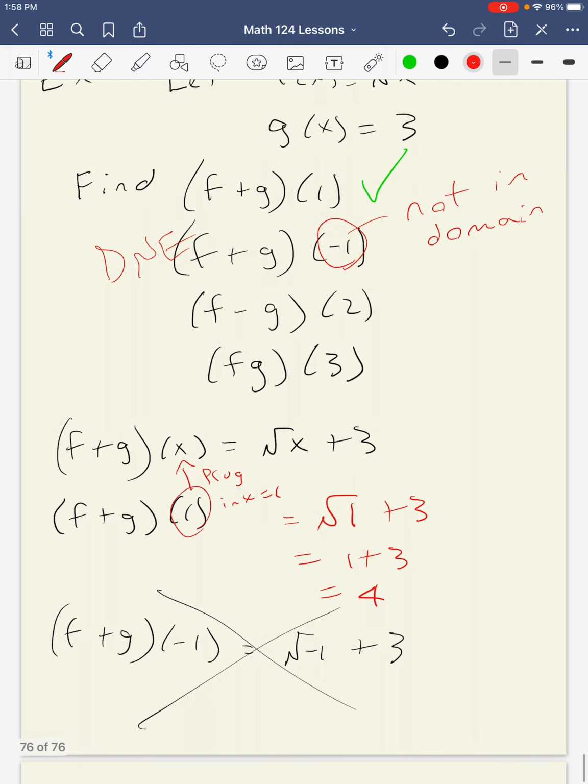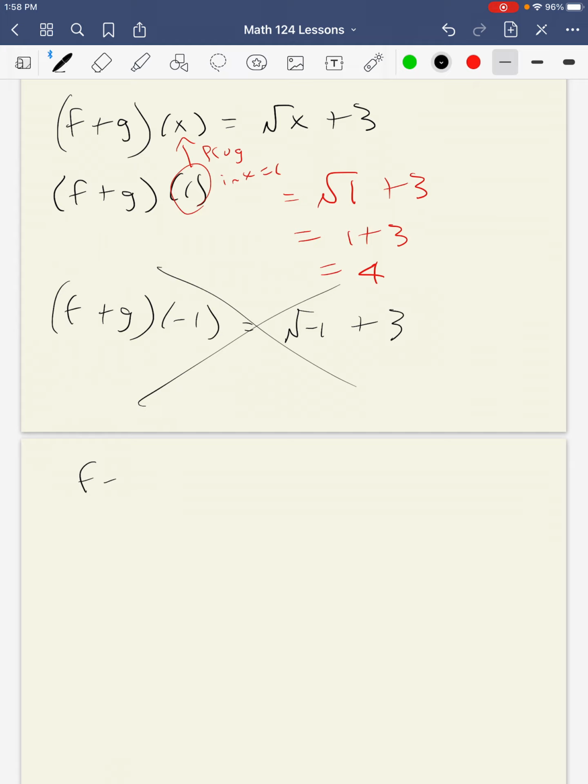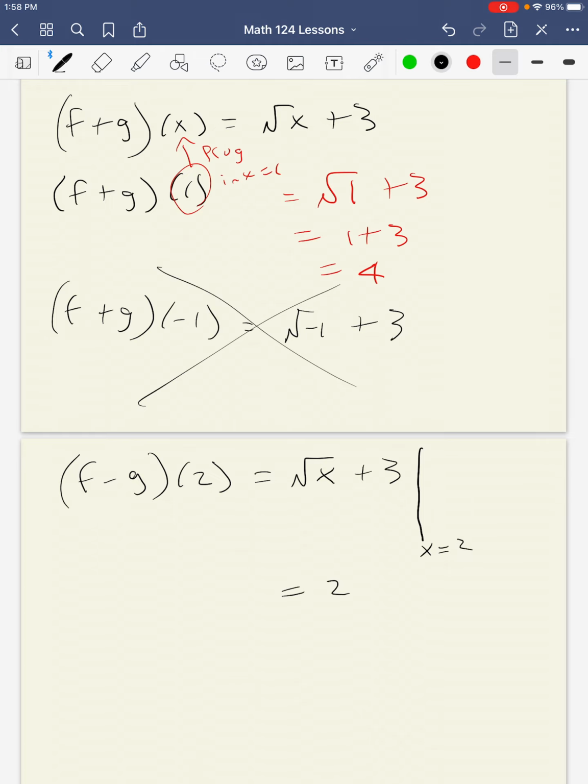Okay. Now what's next? f minus g of 2. If we do f minus g, plug in the number 2, that means we do square root x minus g, and we evaluate this when we plug in a 2, right? So that's square root 2 minus 3.